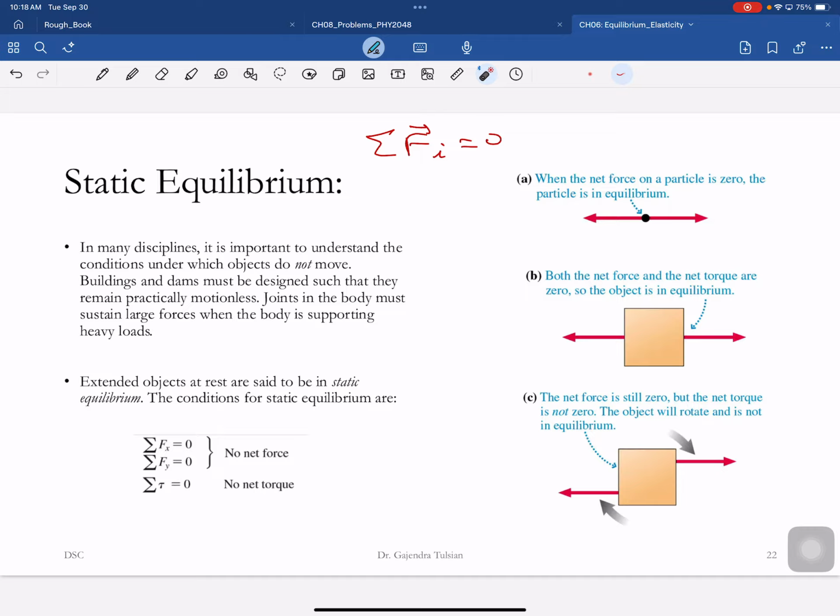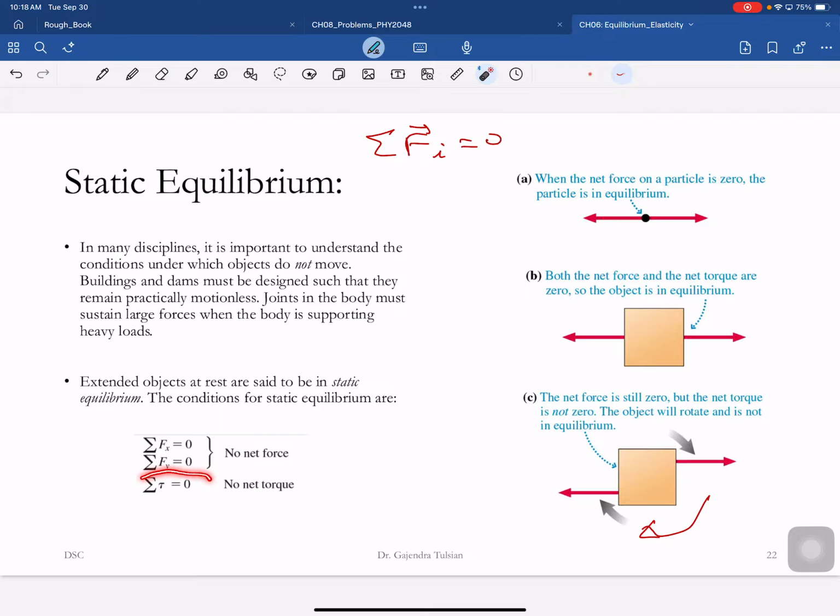What will happen? It's going to spin. Yes, very good. There's the center of gravity, it'll spin like this. So even though the forces add up to 0, for an extended object, that condition is not enough to ensure that this is at rest.